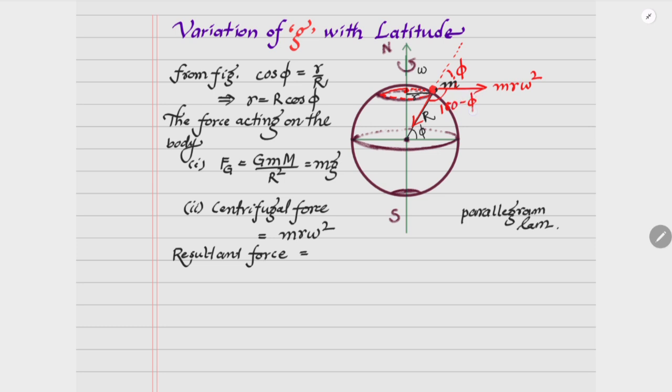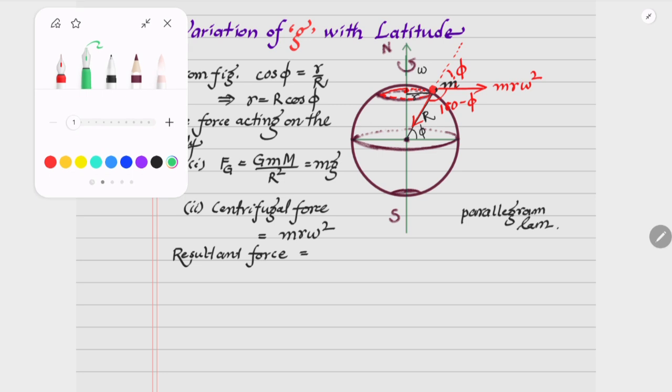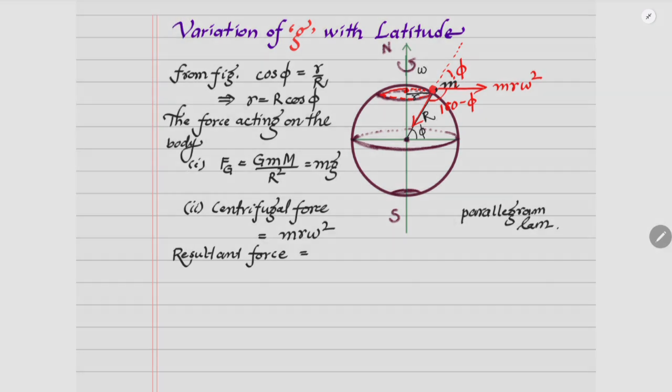So this is the angle between the inward force and the outward force acting on the body. Now if you draw a parallelogram, then we can know the resultant force direction also.